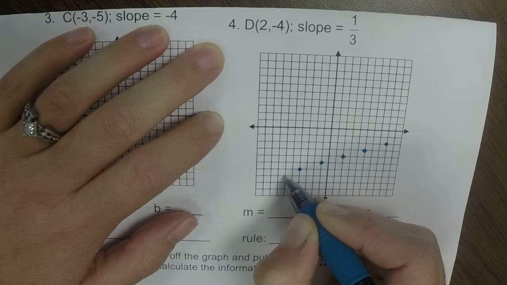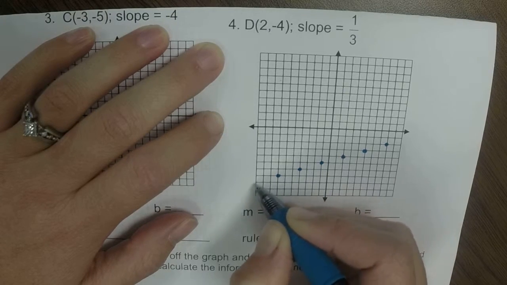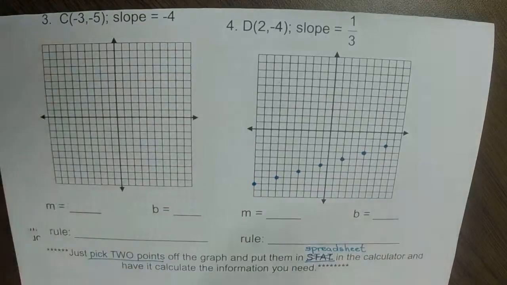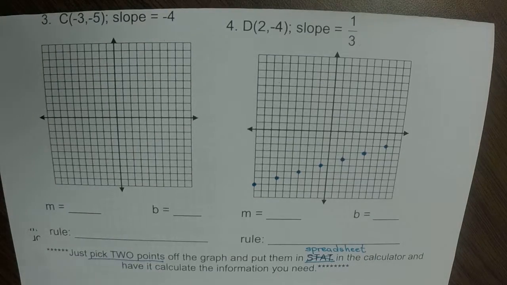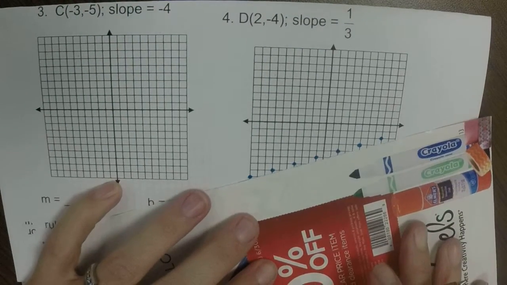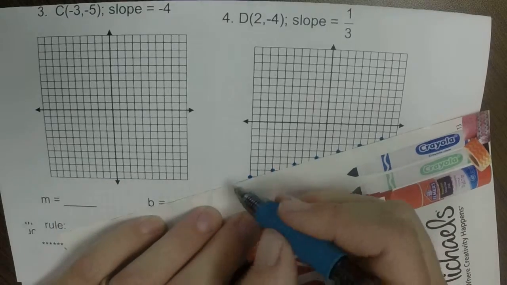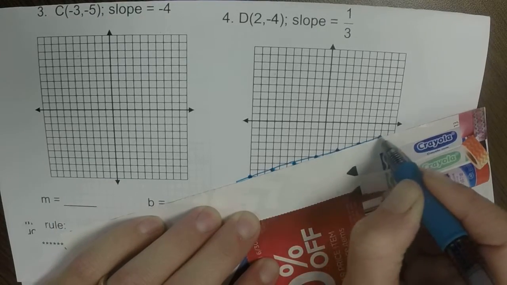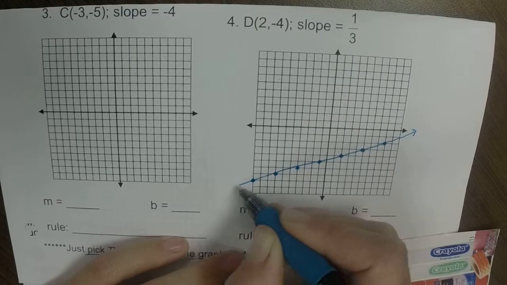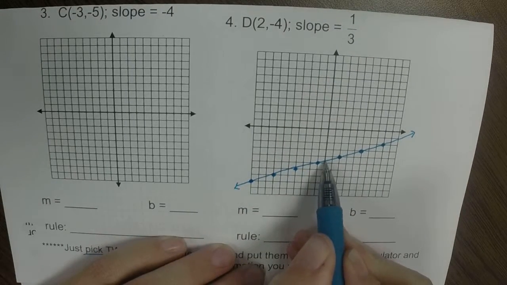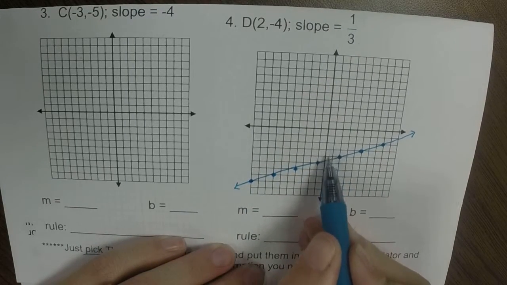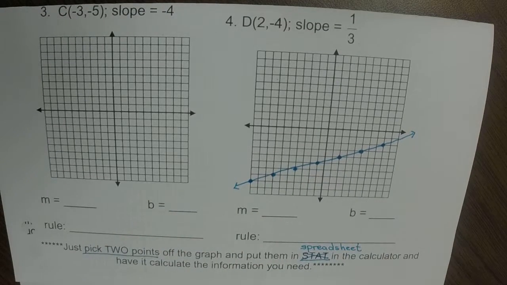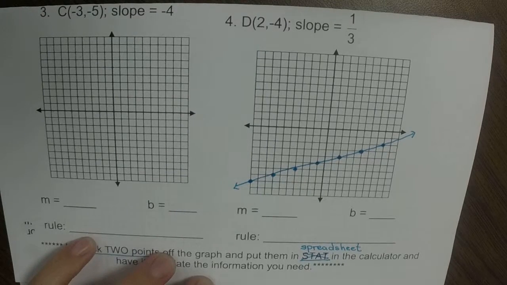So I can already tell that I'm not going to be able to just look and see the y-intercept because there's not a point on the y-axis. I do know that it's somewhere right in here, so 1, 2, 3, 4, so between -4 and -5. So when I put it in the calculator, I should get something between those two numbers.